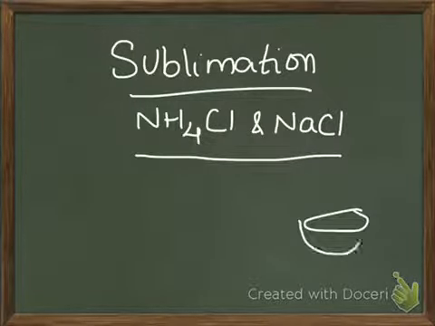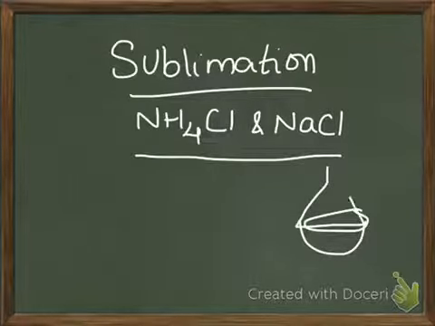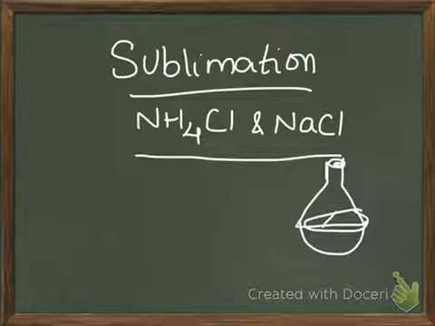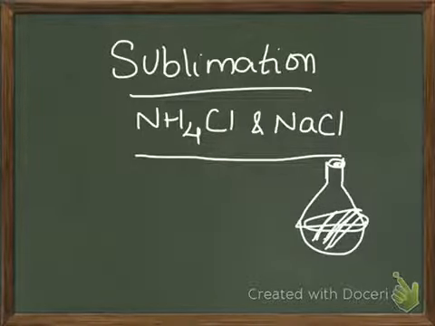So take a bowl, put the flask-like thing over it, and close it with a cotton bud. Now put a mixture of NH4Cl and NaCl, or ammonium chloride and sodium chloride, in the beaker.